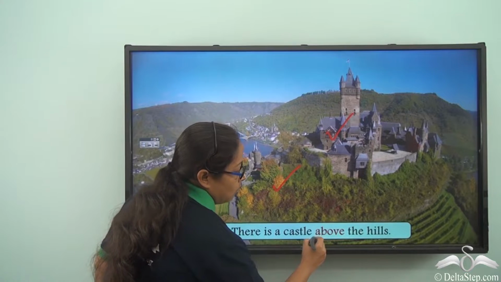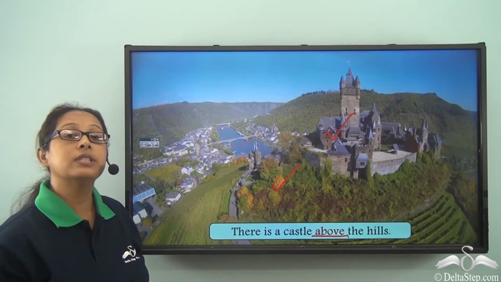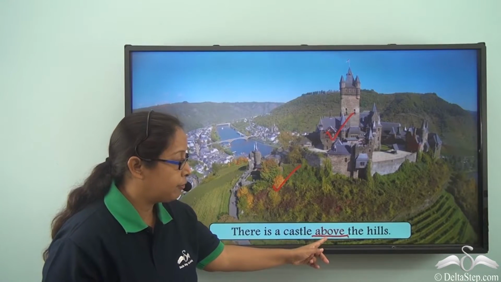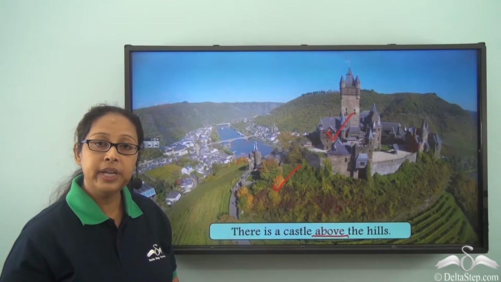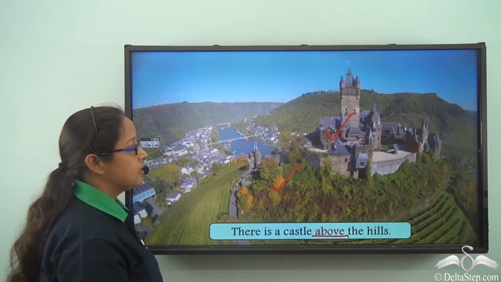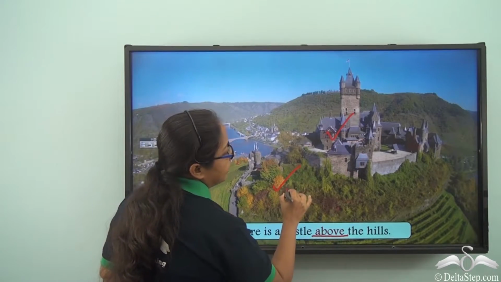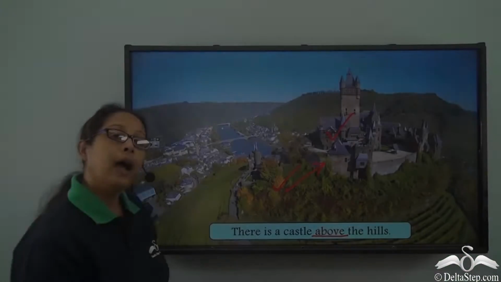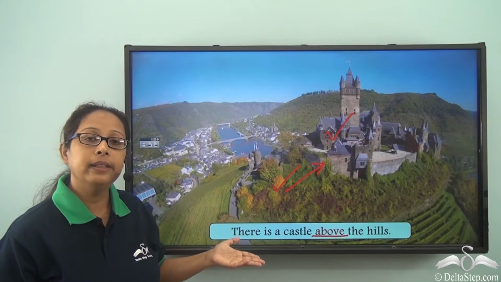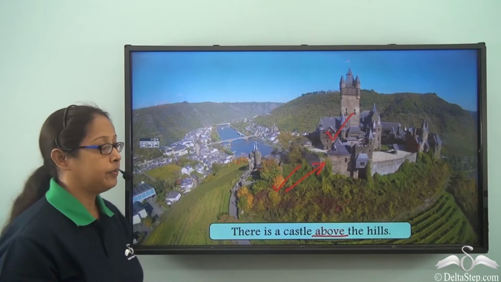So, in this sentence, what have we used? We have used the preposition above. And what does above mean? Above means higher than something. So, you can see that this castle is higher in position than the hill. That's why we have used above here.